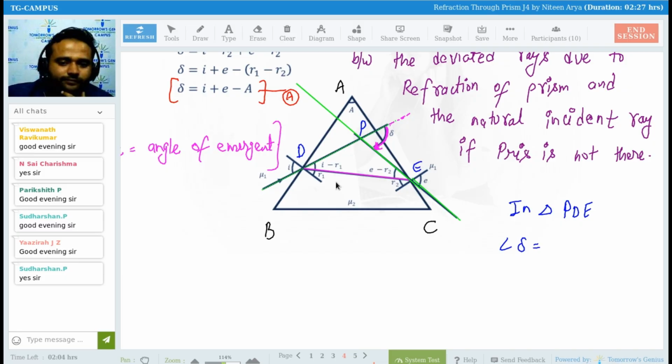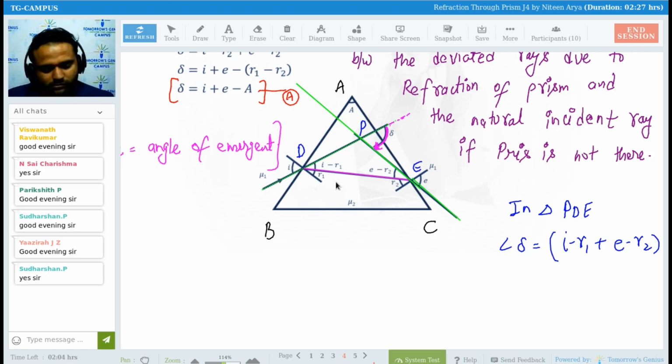Is this clear, everyone? Beta, is this clear or not? Clear? Good. So that is I minus R1 plus E minus R2. That is the first case.